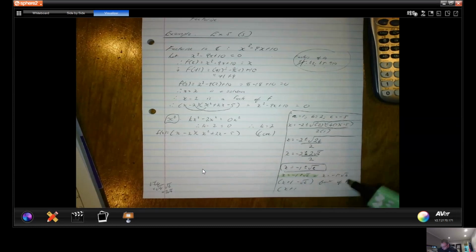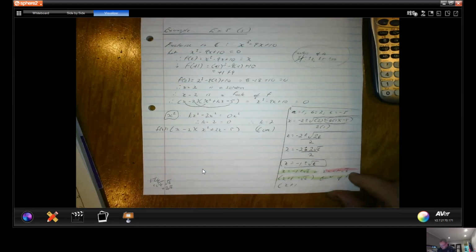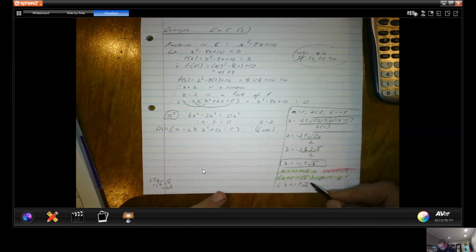If x is equal to minus 1 plus root 6 is a solution, then x plus 1 minus root 6 must be a factor of f. And if x is equal to minus 1 minus root 6 is a solution, then it means x plus 1 plus root 6 is another factor of f.